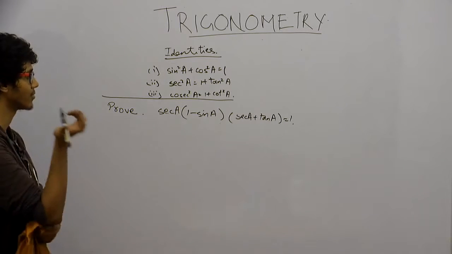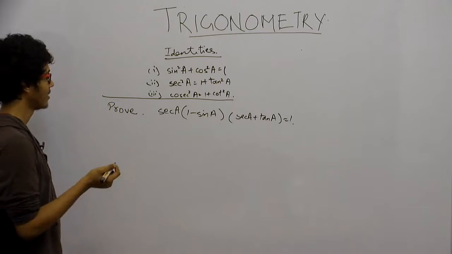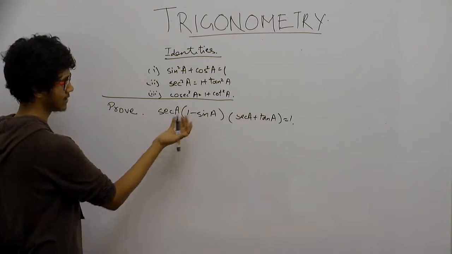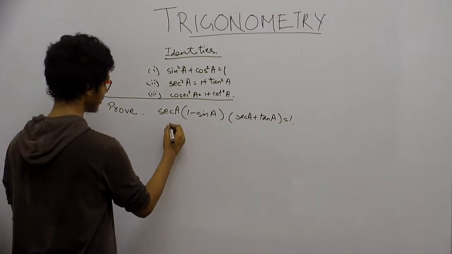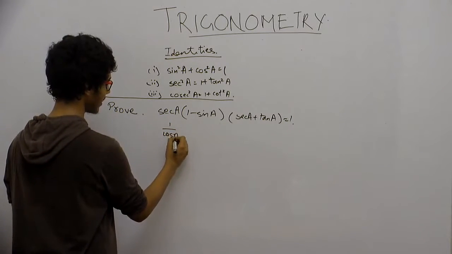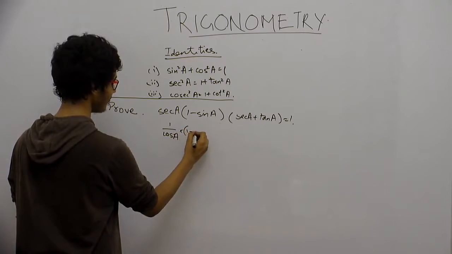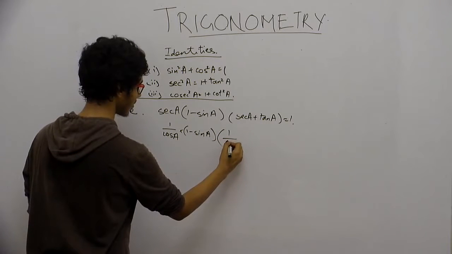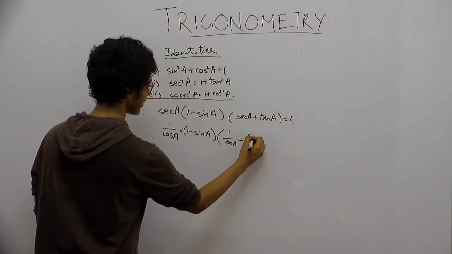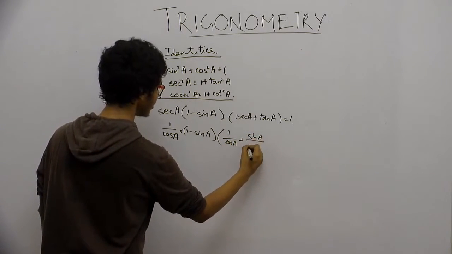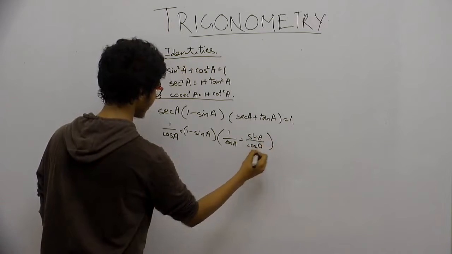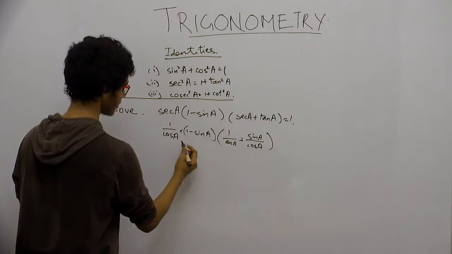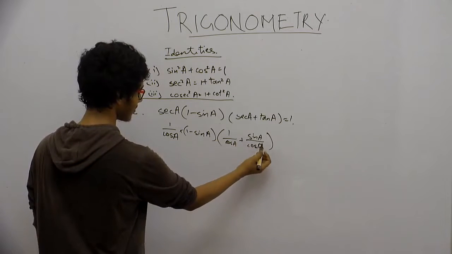You just have to be prepared. So first we write this in terms of the numerator and denominator. We see this is 1 by cos A into 1 minus sine A into 1 by cos A plus sine A by cos A. We take cos A common and this becomes 1 plus sine A.